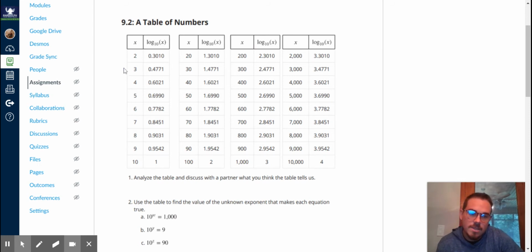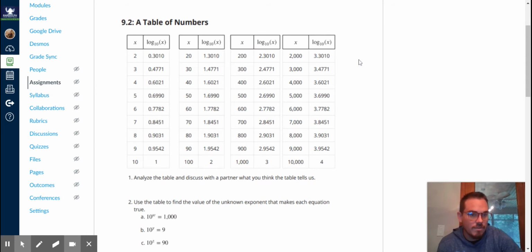So notice here in this column, it's all increasing by 1. But if I jump over here to this column, it increases by tens. So log 10 of 20, log 10 of 30, log 10 of 40, all the way down to log 10 of 100. And down here, it increases by 100 until it gets to log 10 of 1,000. And then over here, it increases by thousands until it gets to 10,000.